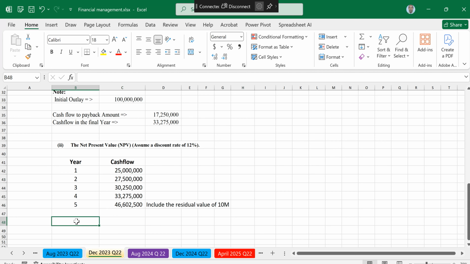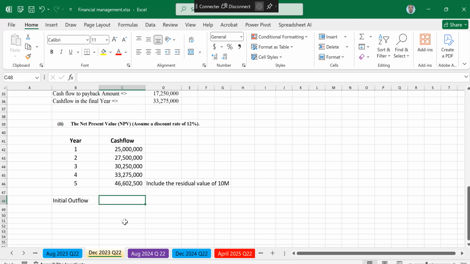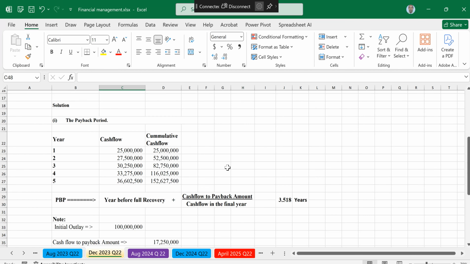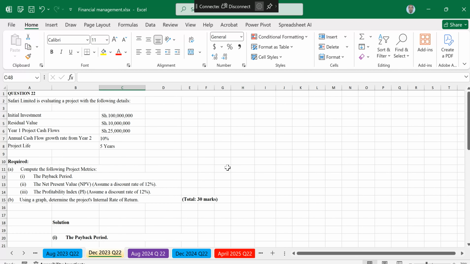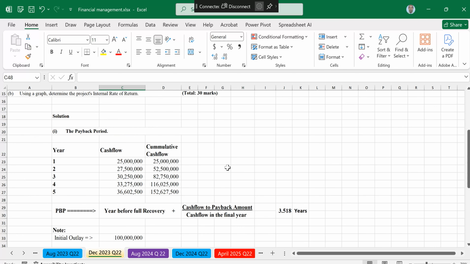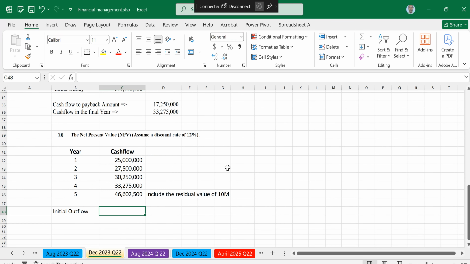What is the initial outflow? Initial outflow is 100 million. So we'll be using 100 million here.